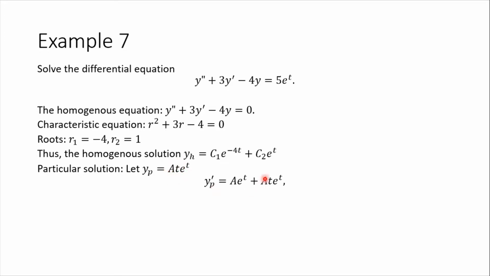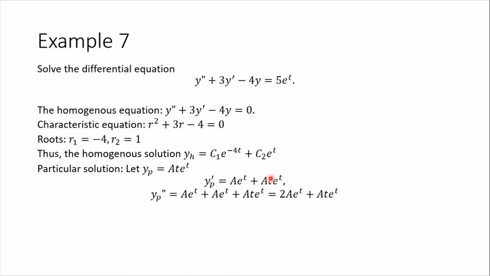You take the derivative of t, and then the a e to the power of t stays the same, and you take the derivative of e to the power of t, which is the same as itself, right? Okay, so you have yp accent, yp double accent now. Like this one, the derivative is just a times e to the power of t, right? The derivative is the same as itself.